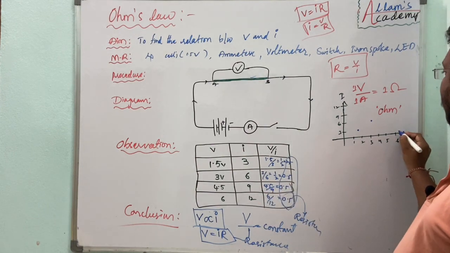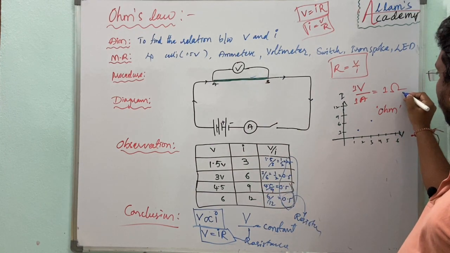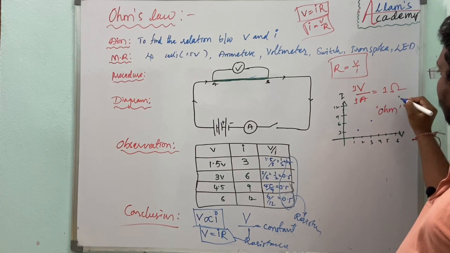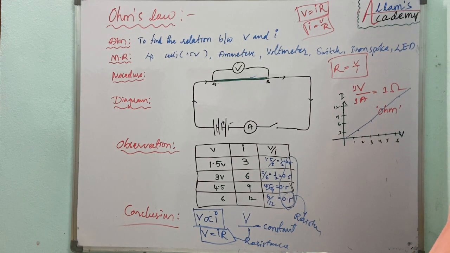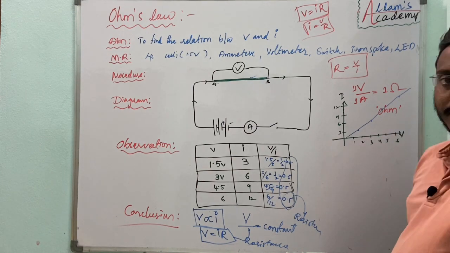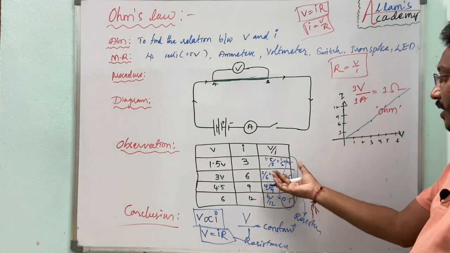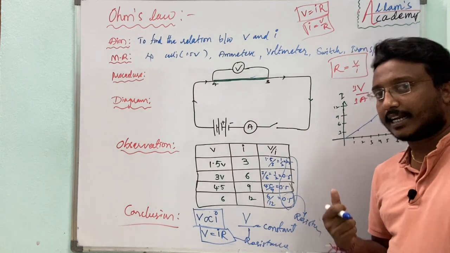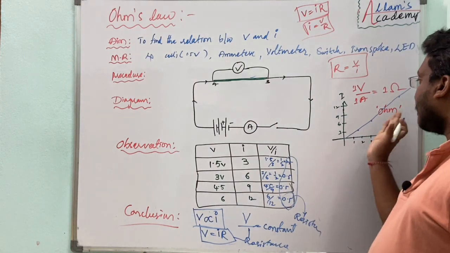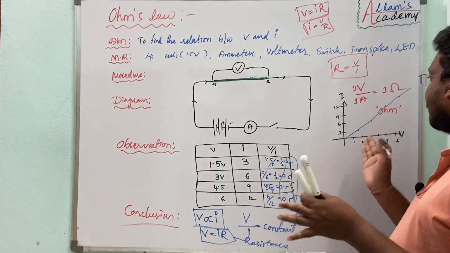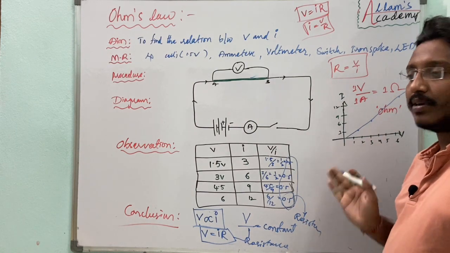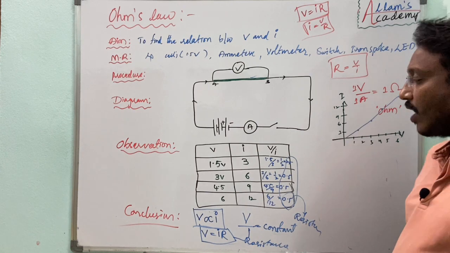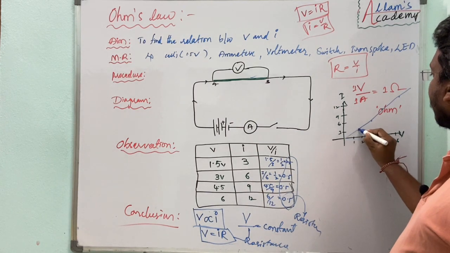At 6 we got 12. So join all the points, and we get a straight line. Use a scale while drawing this graph, then you will get it straight. Here I am not using a scale, so the line may bend slightly, but actually we will get a straight line.